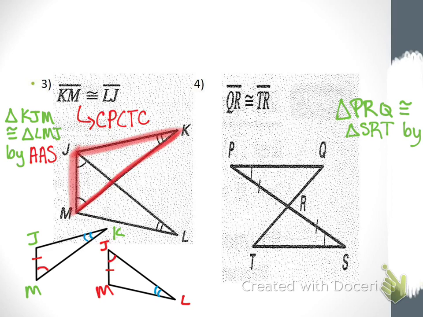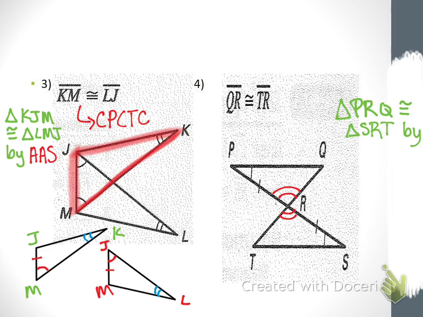In my opinion, 4 is a little bit easier because we don't have to redraw the overlapped triangle separately. There is one piece of information we still need though. Sam, what is it? Good. We got to give that those angles in there were vertical angles, meaning that they are congruent.